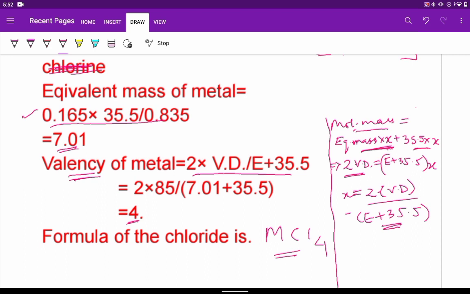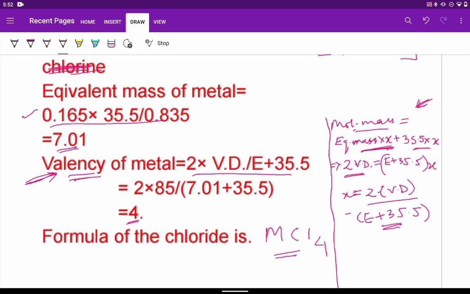Now I am just explaining once again how you get this formula. We know molecular mass of the chloride will be equal to the atomic mass of that metal plus 35.5 into X. For atomic mass of the metal, what we do? Equivalent mass into valency.